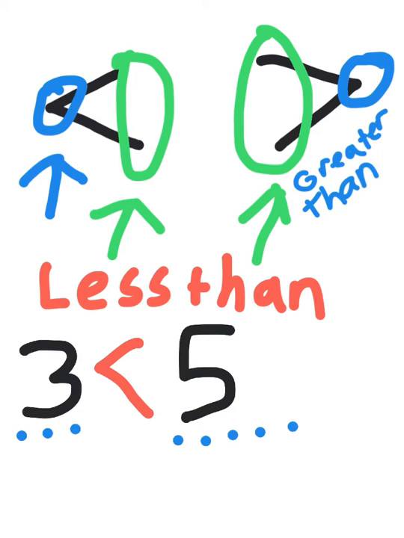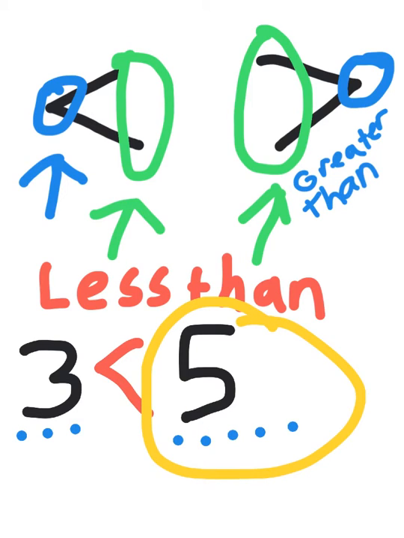So we can clearly see that there are more dots on this side, so that way we know that 3 is less than 5. Let me go ahead and do another one. Let me erase this really quick.